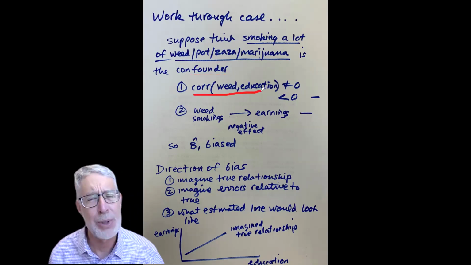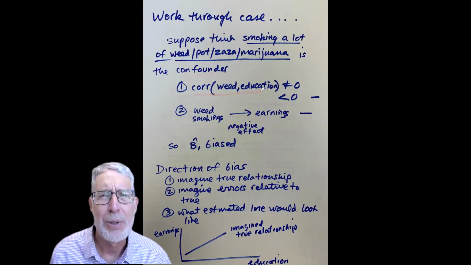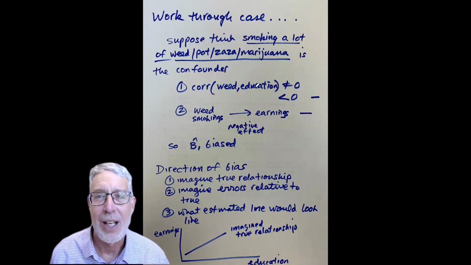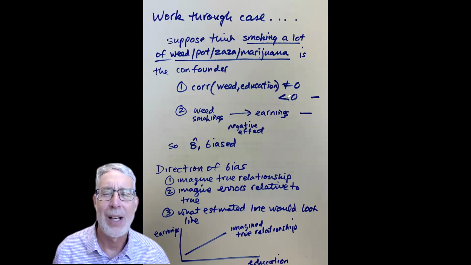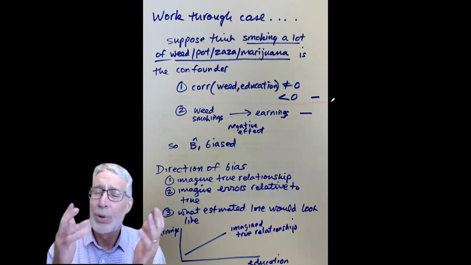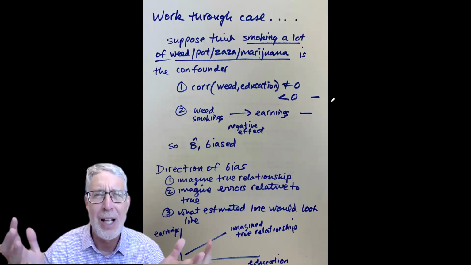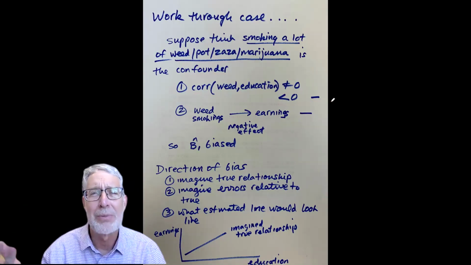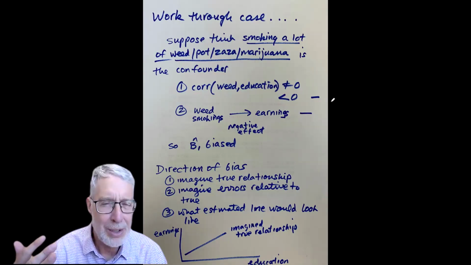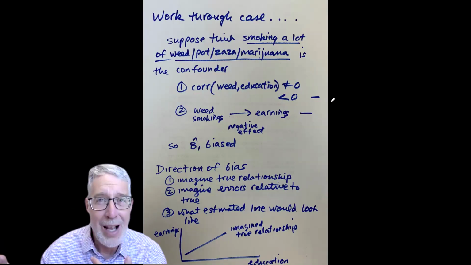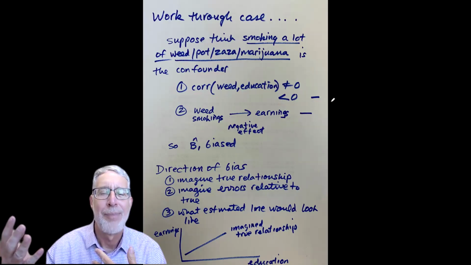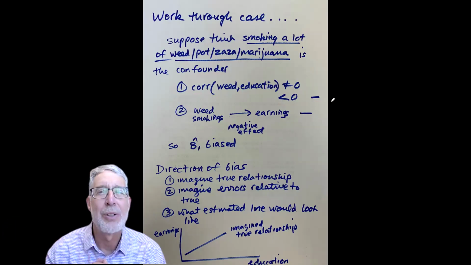So the correlation between being high all the time, smoking a lot of weed, and education is not equal to zero. We'll imagine it's a negative correlation. That is, people who are smoking a lot of pot, especially in high school, they're probably not doing very well in high school. Maybe they barely graduate from high school. They're not going to go on to college, or very lower likelihood going on to college.